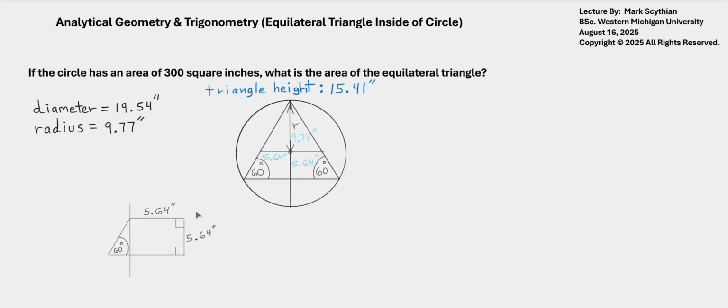This is drawn a little out of scale, but this is actually a square. So all four sides, the vertical and the horizontals, are all 5.64. So we have to find the remnant distance of this opposite side here to then know half of the base, which is bisected, for which then we can multiply times 2 to get the total base length.